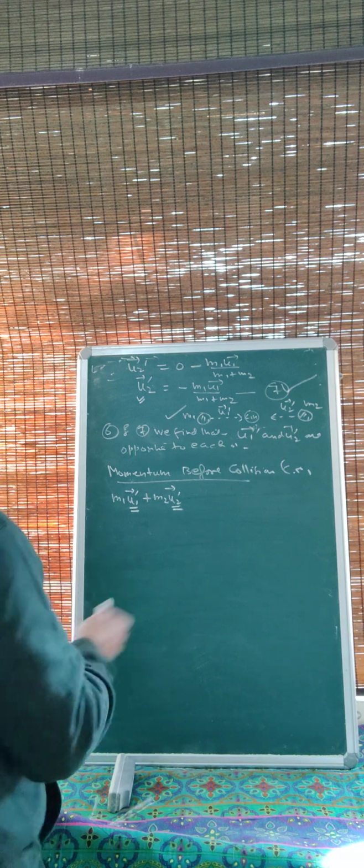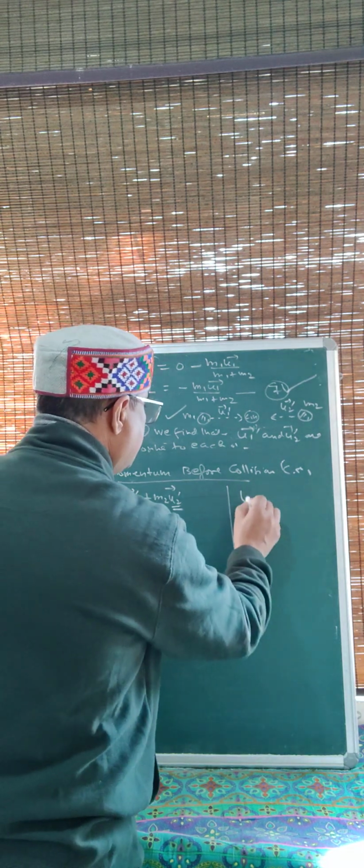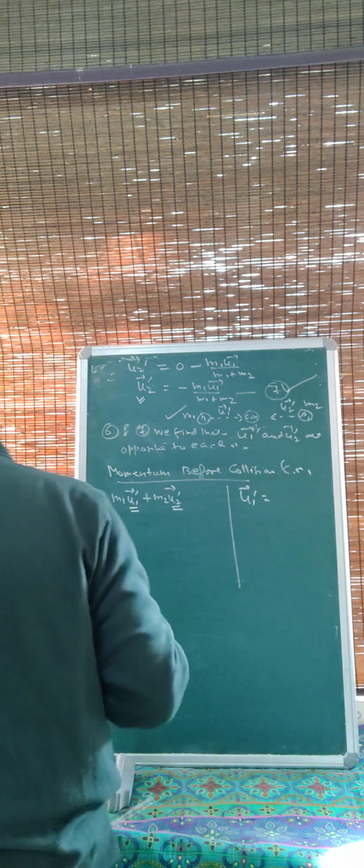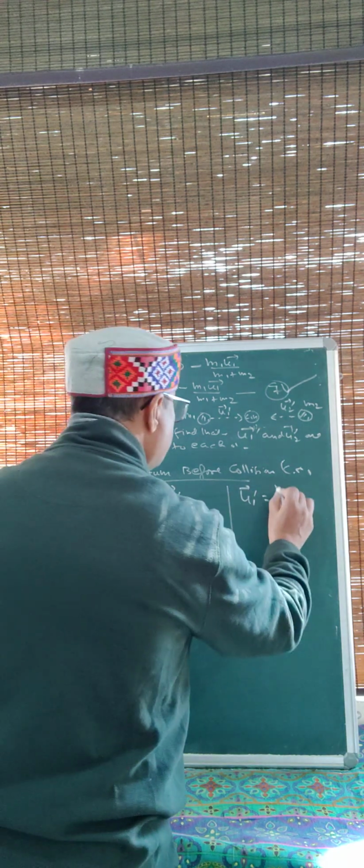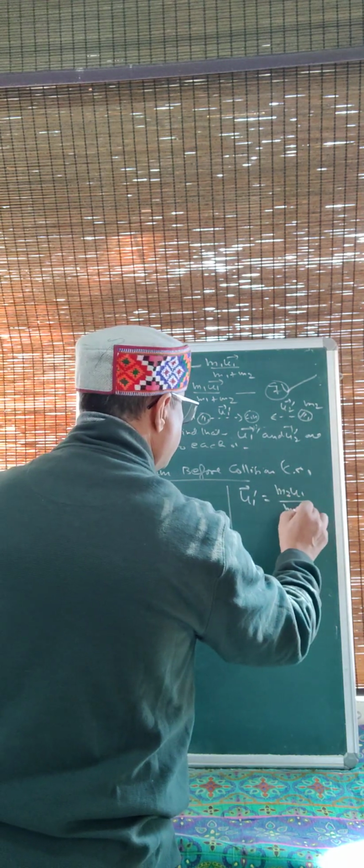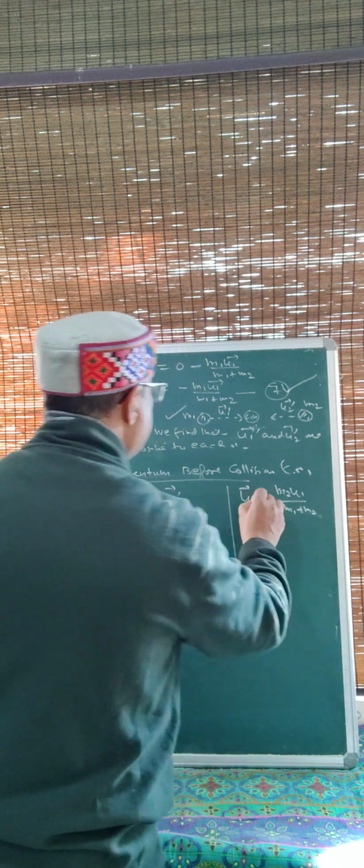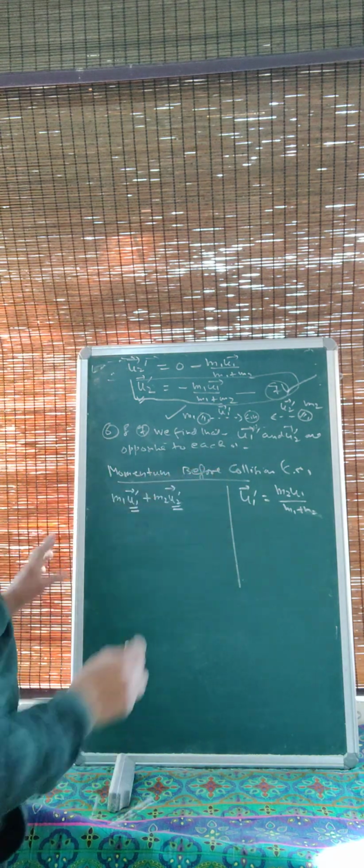So u1 dash we have calculated from equation number 6. I am writing here u1 dash. Just look at equation number 6. This was m2 u1 over m1, sorry, m1 plus m2. ये u1 dash है और ये u2 dash है. So let us say momentum before collision कितना आता है?